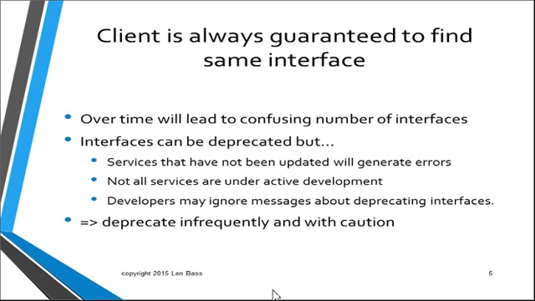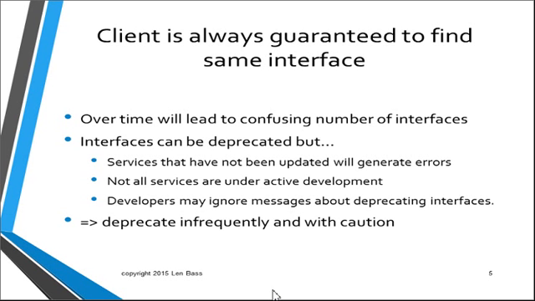Over time, this can lead to a confusing number of interfaces. I heard a talk by Google where they were going to deprecate a piece of software that they wrote in 2002. It had 105 different APIs, but API 1 still worked. So this requires a fair amount of discipline on the part of the developers.